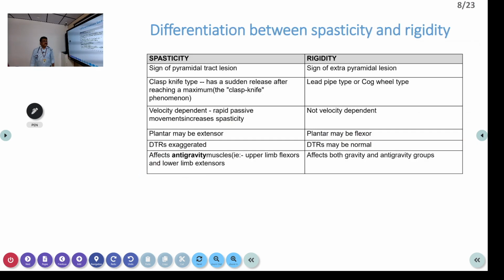Now we have already seen that there is a difference between rigidity and spasticity. Rigidity is a sign of extrapyramidal lesion, whereas spasticity is a sign of pyramidal lesion. Rigidity is lead pipe in the lower limb and cogwheel in the upper limb. Spasticity is velocity dependent.